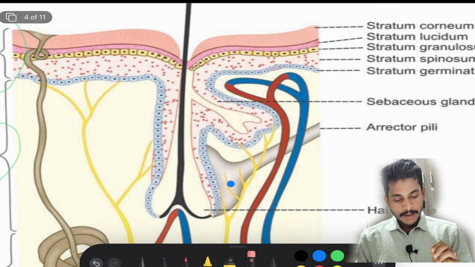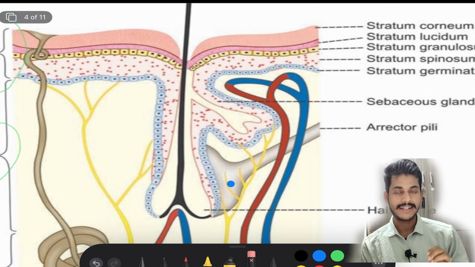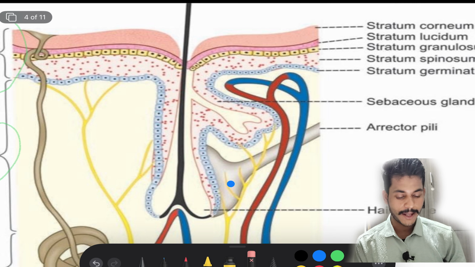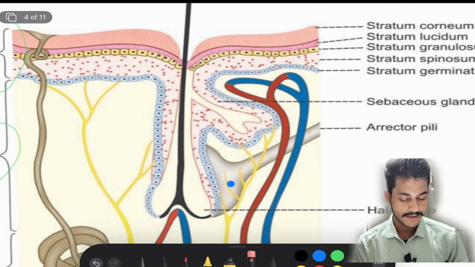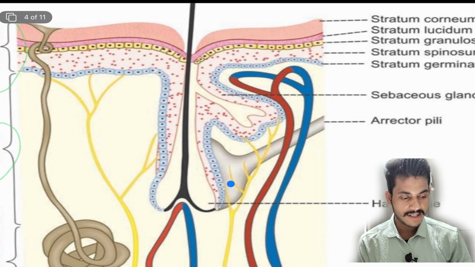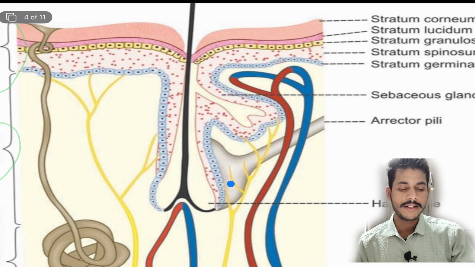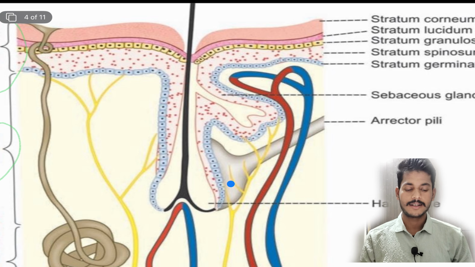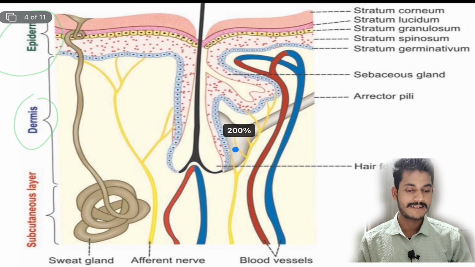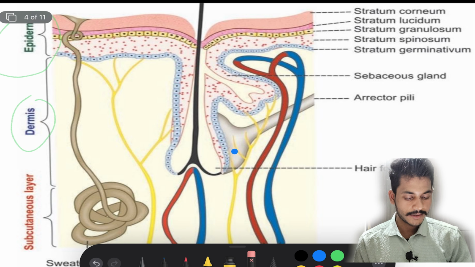Now, another most important thing which you have to understand as far as acne is concerned is something called the pilosebaceous unit. These pilosebaceous units are meant for a very special function.